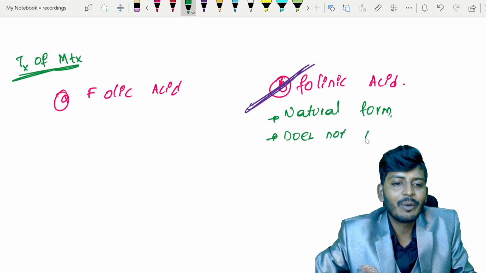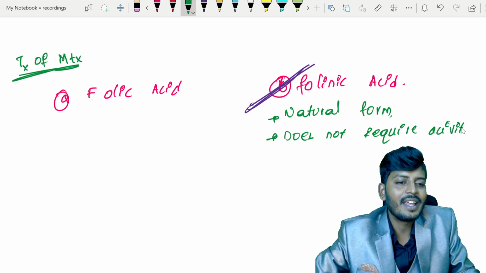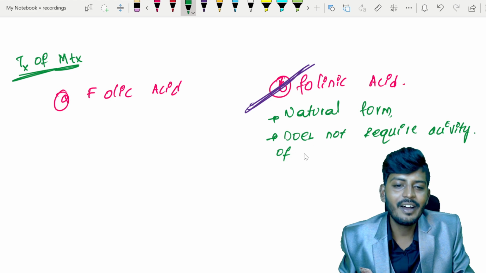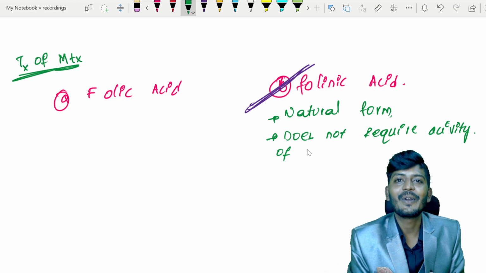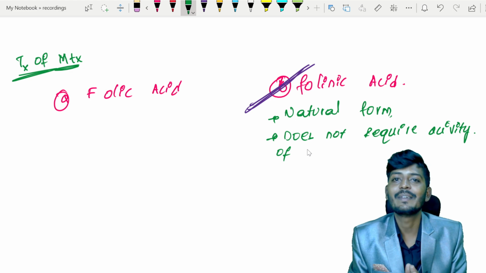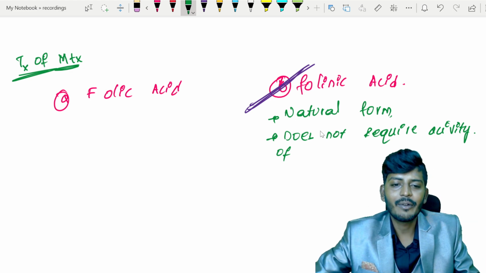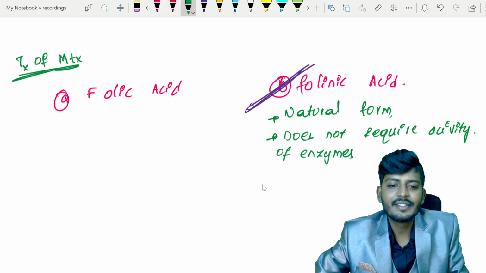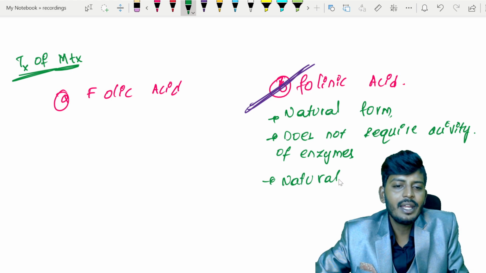It does not require the activity of any of these enzymes. It is naturally active.